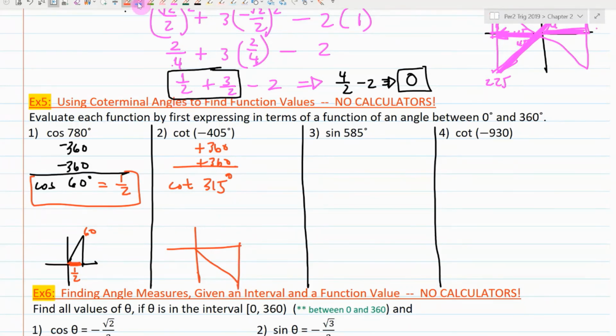So I will do tangent first at the 45. Tangent is equal to a slope of 1, but because it's sloping downward, it's negative 1. So tangent at 315 equals negative 1. Cotangent is the reciprocal of that, which is also negative 1.